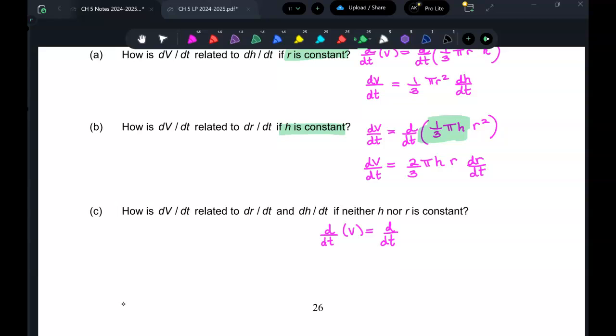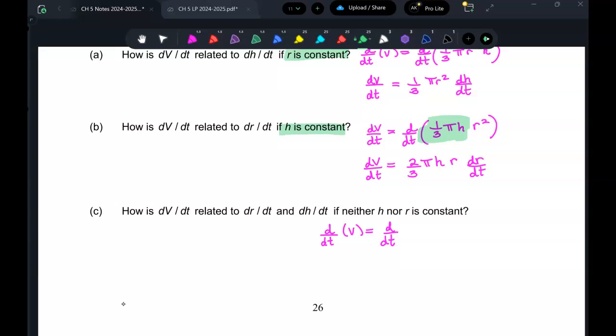If you go back to 10x squared, 10 is a constant. So if I do the derivative of this, this would be 20x. But now, let's say it's y equals w times x squared.